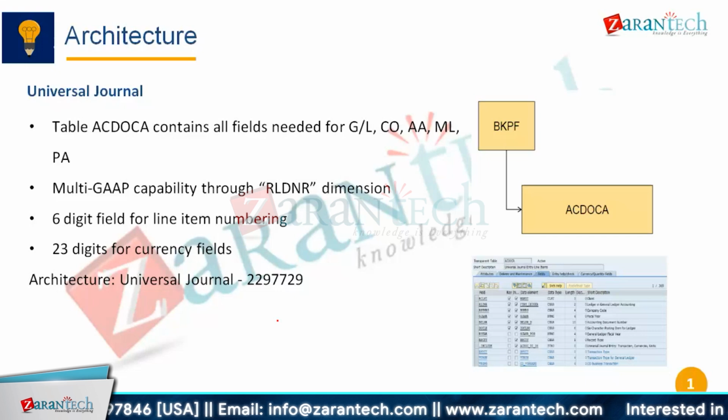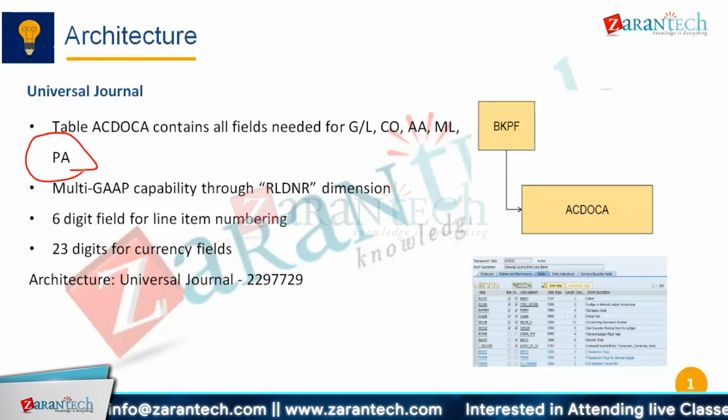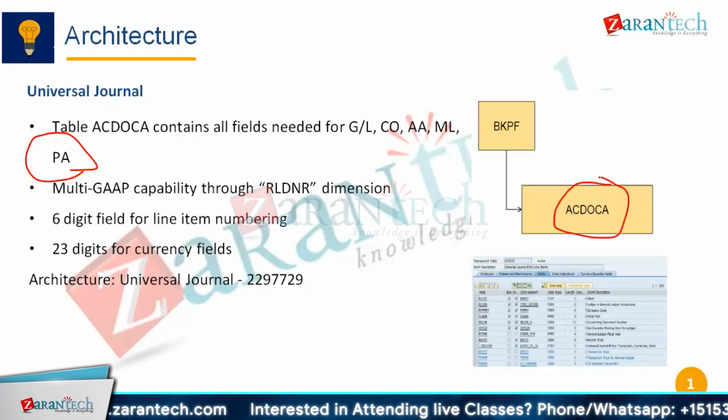Table Ichidoka contains all fields needed from GL, CO, AA, ML, PA, profitability analysis. It means all this data is now in a single source of information, single source of truth. It contains the data from GL, CO, asset accounting, ML, and profitability.